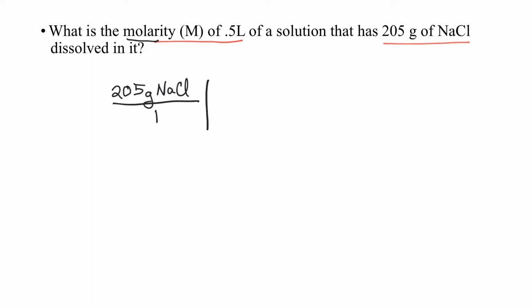Now, this time we need to get rid of grams. So we're going to put 1 mole on top because that's what we need to convert to. So 1 mole of NaCl over 58.44 grams NaCl. And remember, this is just the molar mass.